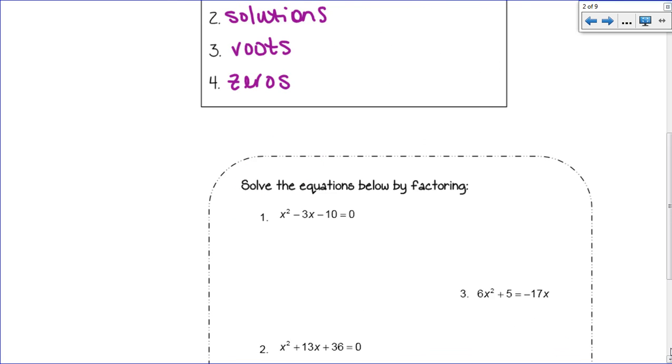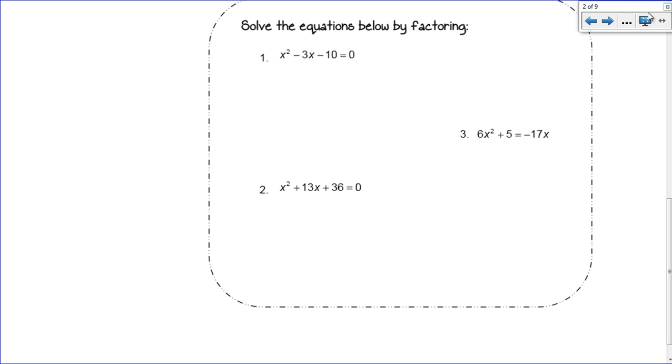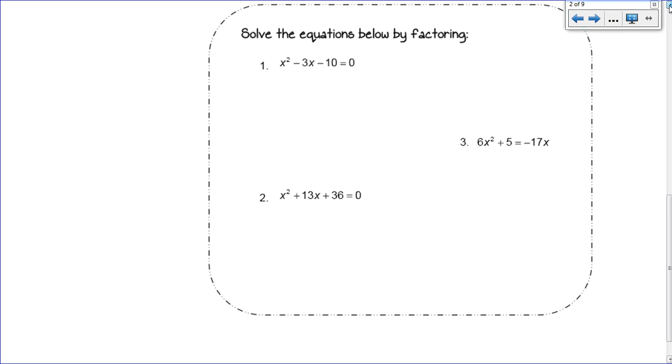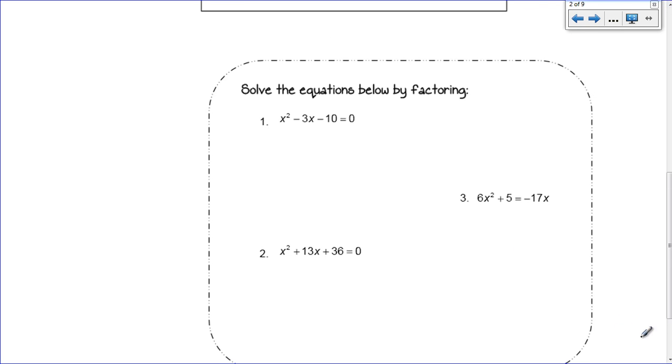So let's actually solve some, and we're going to solve them by factoring. It's the first method we're going to learn. So we're going to go back to last unit, what we learned before. We're going to factor these quadratics. X squared minus 3x minus 10. I'm sure that y'all are tired of drawing boxes by now, but that's what we're getting ready to do. So we're going to draw our box.